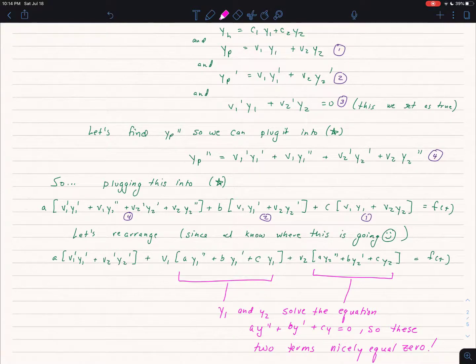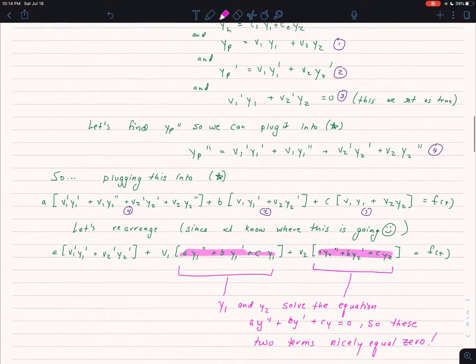Well, I know y1 and y2 solve the homogeneous equation, which means that this whole bit here and this whole bit here equal 0. Yay, how wonderful is that?